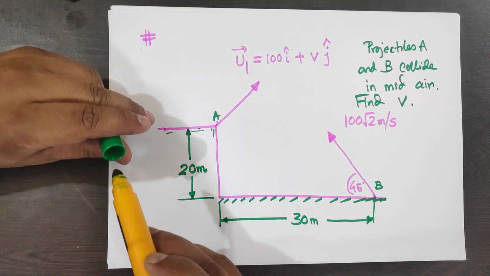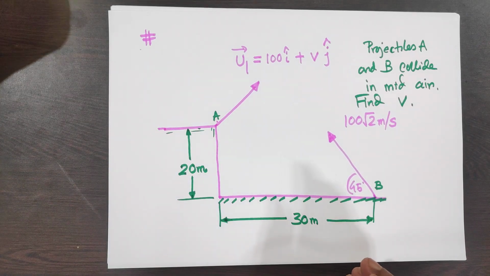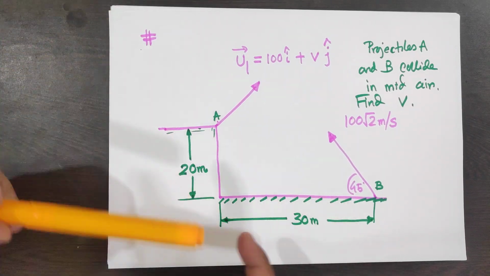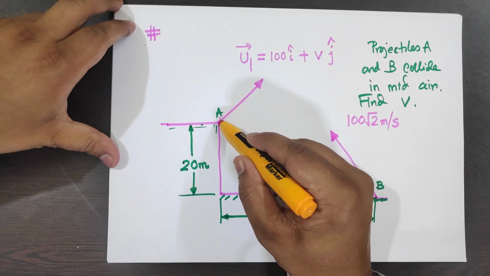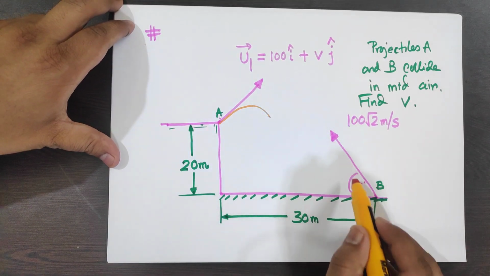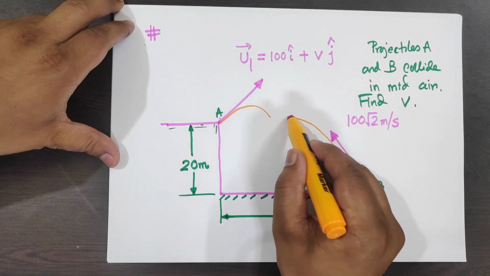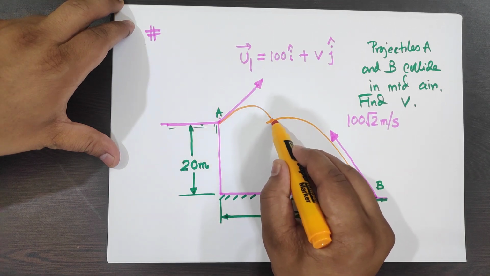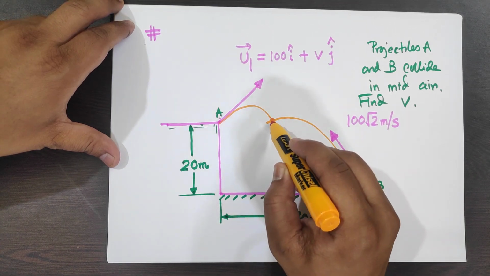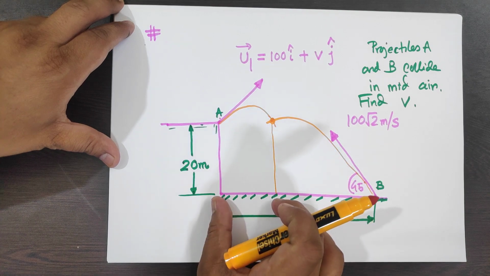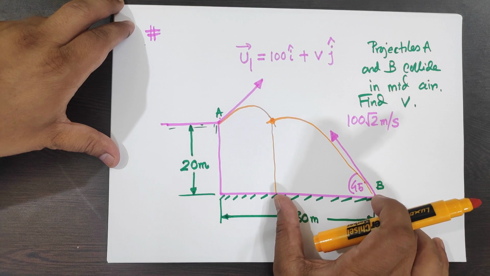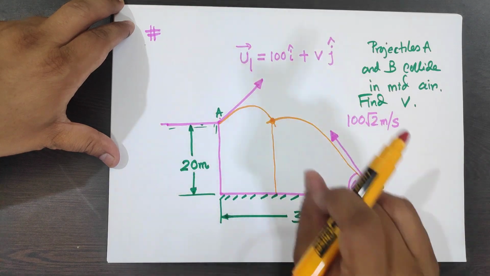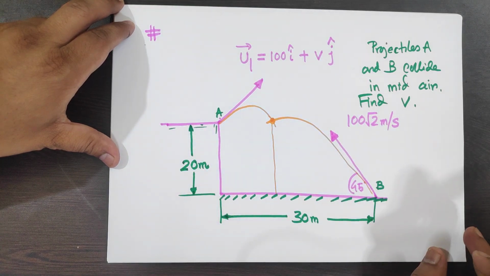So there is a much more difficult way which I would suggest you not to do, is this way. This will come via this path, this will come via this path, so bang, they will collide. So you can calculate the x displacement here, and the x displacement from here, and the y displacement from here, and y displacement from here.